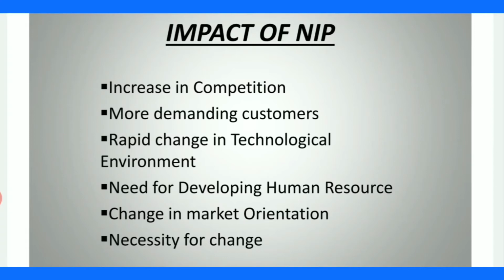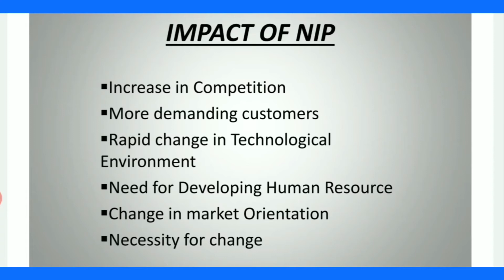Next is change in the market orientation. Market orientation is an important term here. Before 1991, the market approach was producer oriented. I repeat, producer oriented means producer was the king of the market. But after the introduction of NIP in 1991, the orientation changed.